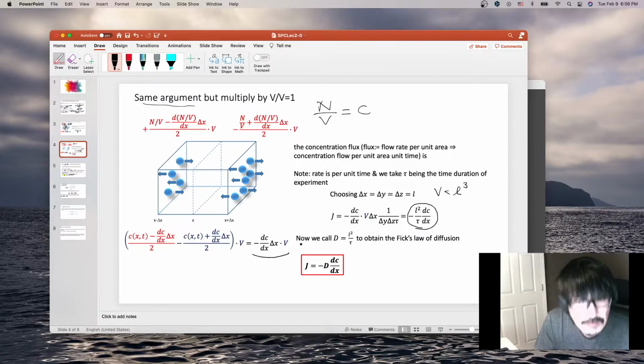And then we say that these things right here, the one that's in here, I'm just trying to change the color, that thing right here, to be D. That's the diffusion constant. Then we get one of the important equations called Fick's Law of Diffusion. That's flux is equal to minus D dc over dx.